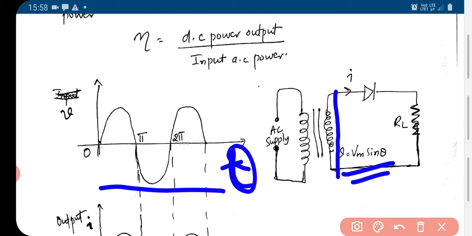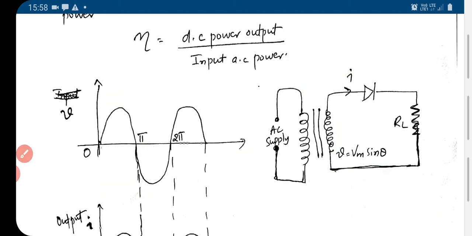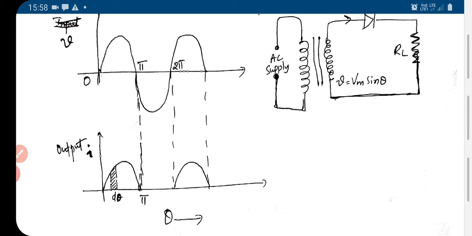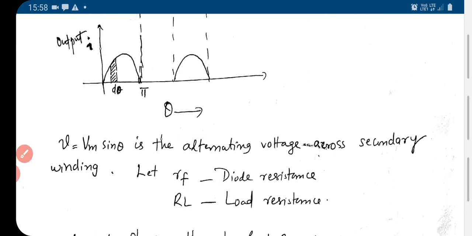During one time period, theta changes from 0, pi by 2, pi, 3 pi by 2, and then 2 pi. At the output we get only the positive half cycle. So we have current or voltage for angle 0 to pi, then from 2 pi to 3 pi, like that.